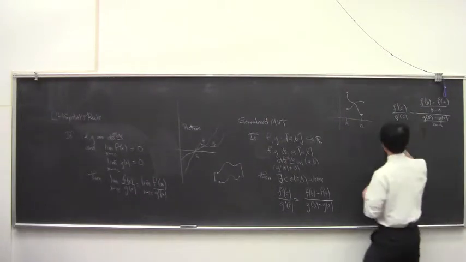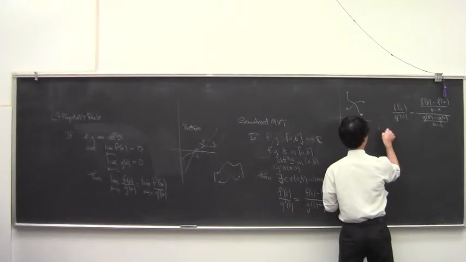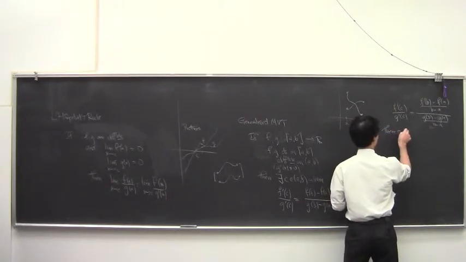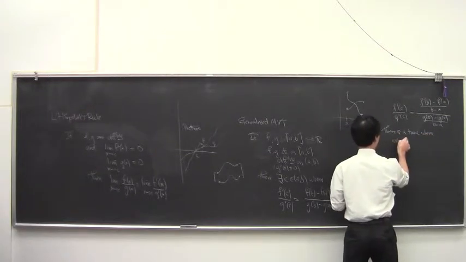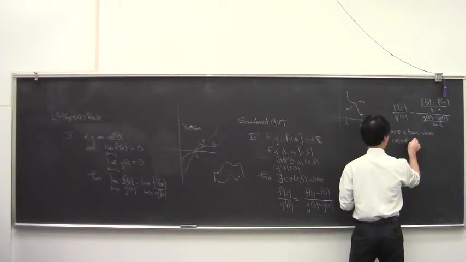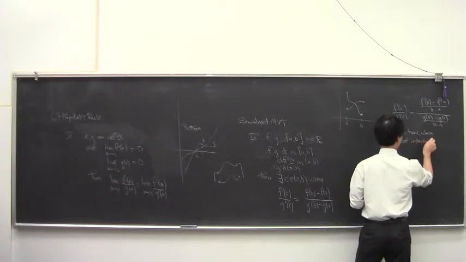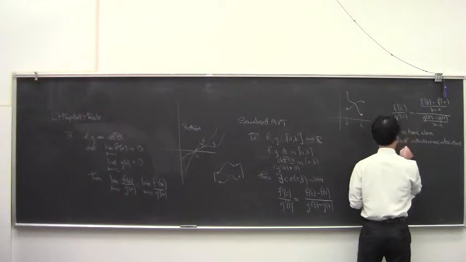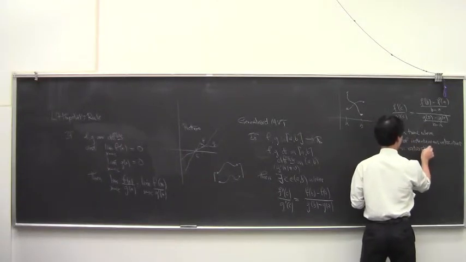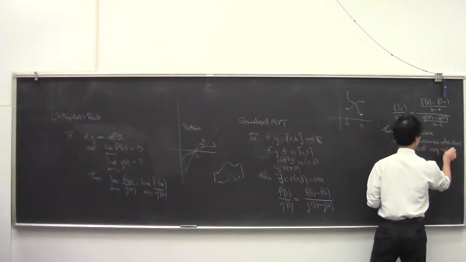So there is a time where the ratio of the instantaneous velocities equals the ratio of the average velocities.